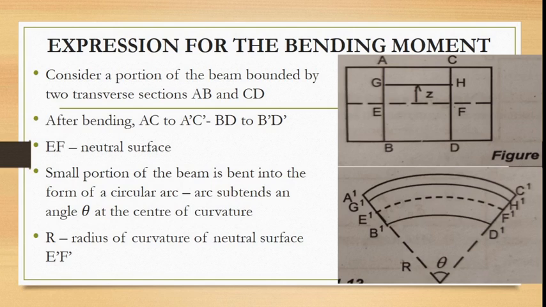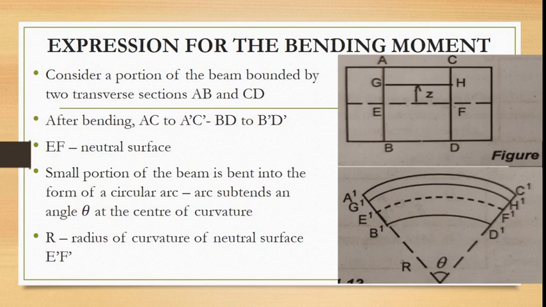After bending, AC becomes A dash C dash. That is, AC is elongated to A dash C dash. Now what about BD? BD is compressed or shortened to B dash D dash.